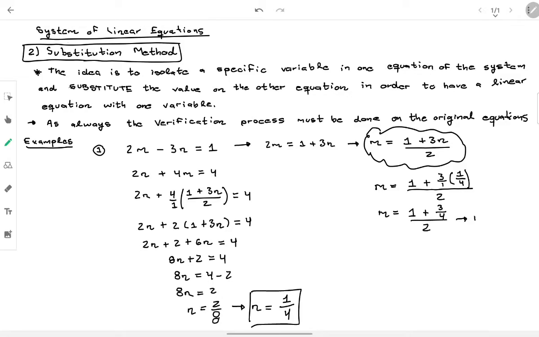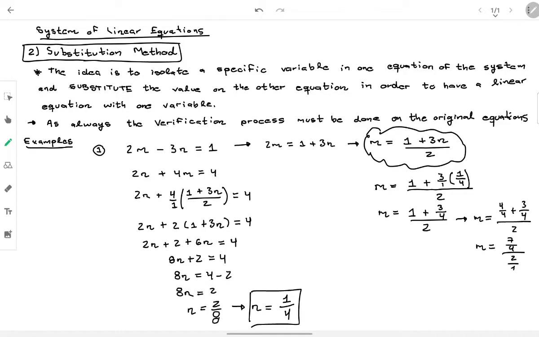It's going to be m equals, we need to have the same denominator in order to add 1 and 3/4. So it's going to be 4/4 plus 3/4. m is going to be 7/4, all of it divided by 2.